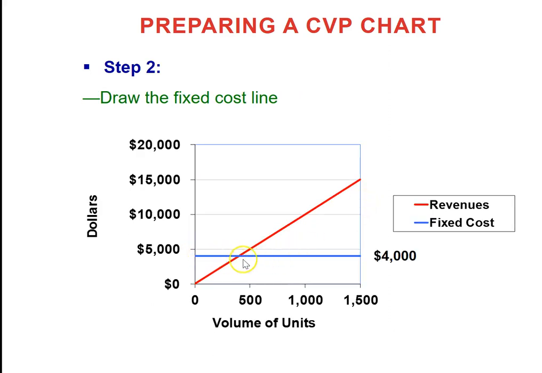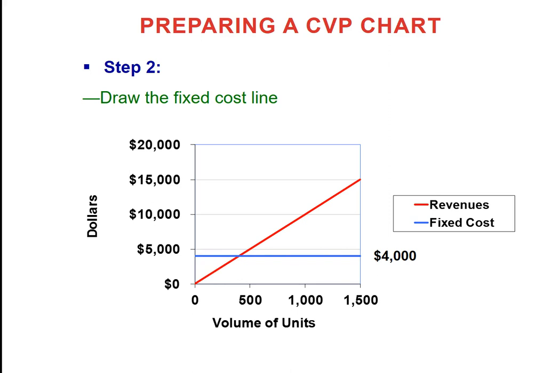Now, the fixed cost line, this blue line in this chart, shows that for a certain range of your units, your fixed cost is $4,000. And you see fixed cost is always fixed, right? No matter if you produce 500 units, 1000 units, 1500 units, your fixed cost is $4,000.